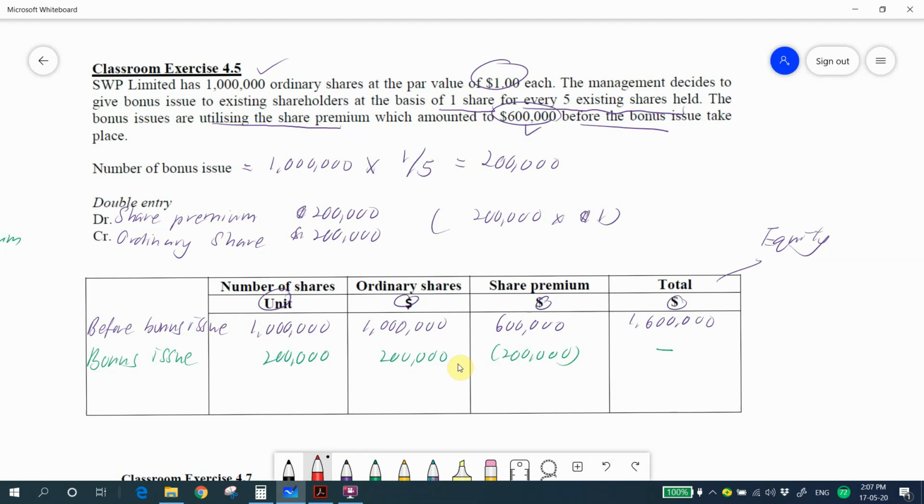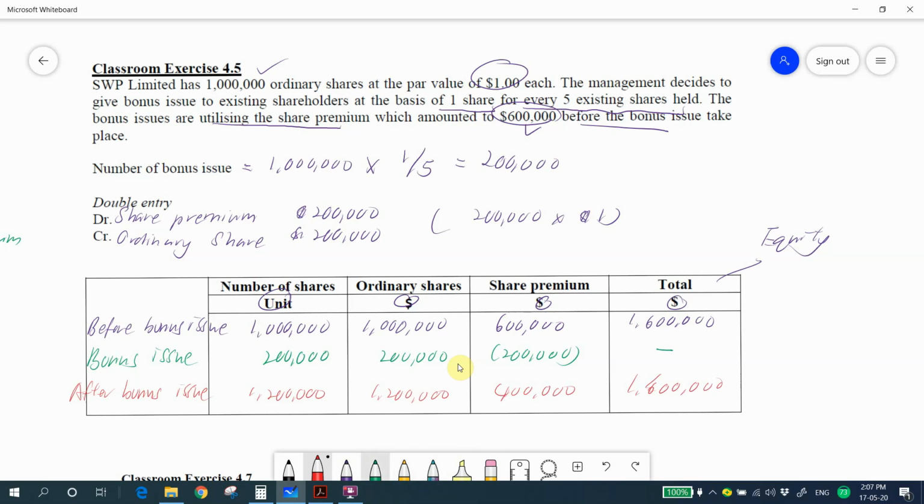And lastly, after bonus issue, share capital in numbers increased to 1.2 million, ordinary share value 1.2 million as well, share premium 400,000, and your total equity 1.6 million, so no changes.